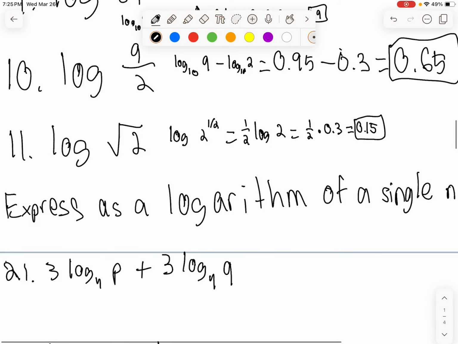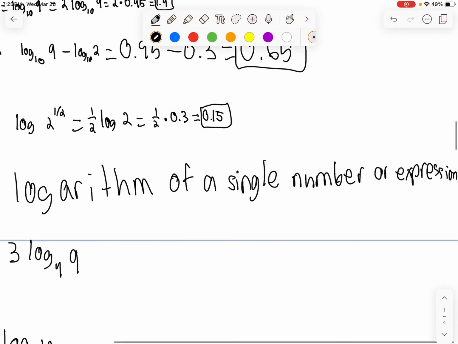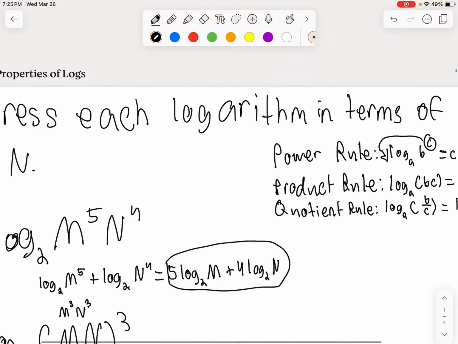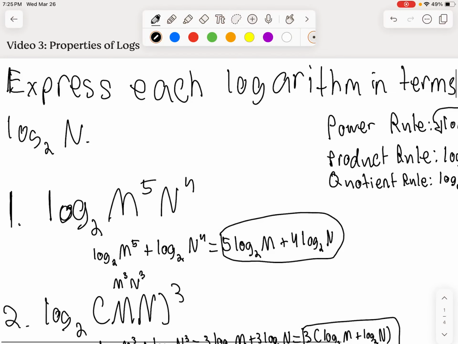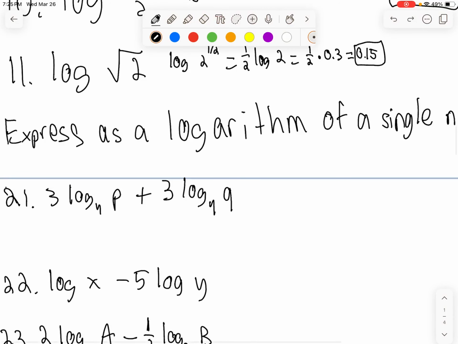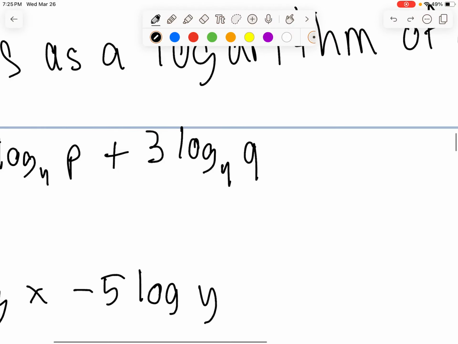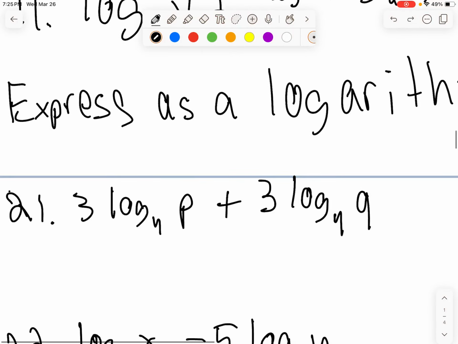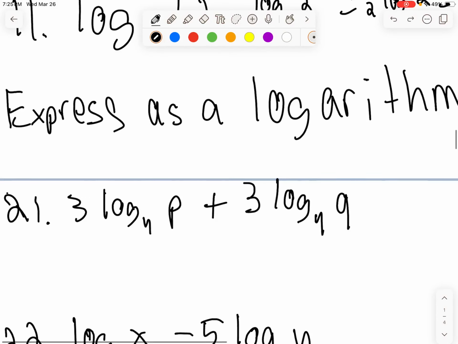Next section, express a logarithm as a single number or expression. So basically, when we had this in one and separated it, you have to take the separated stuff and bring it back into here. Let's think of it as taking the inverse.